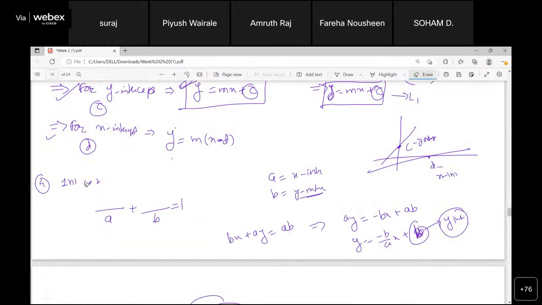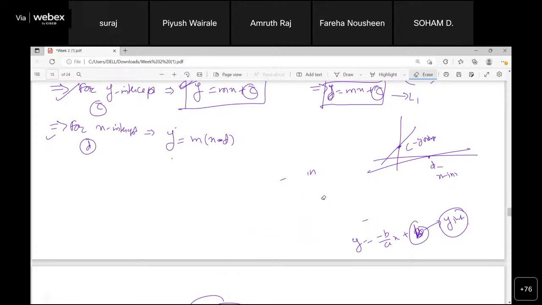There is one more thing, that is the general equation of a line. It is represented by ax plus by plus c equals 0. Nothing different, same thing; we are just giving the coefficients here, a, b, c, like this. So the general equation of a line is ax plus by plus c equals 0.